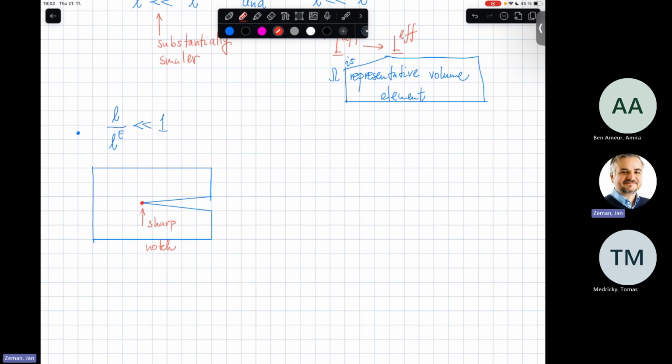Okay, so it is known from the behavior of solutions of field equations that both fields, but in particular this gradient with respect to the macroscopic variable of u in this particular case, and also the flux field or stresses, exhibit singularities.